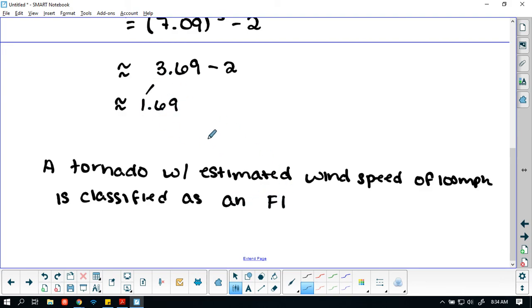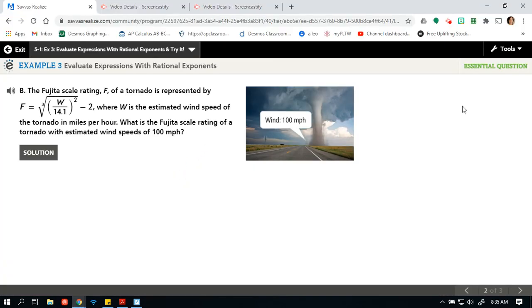So it's just in the 1 region, according to the scale. If it was in the 2 region, it would be F2, and so on and so forth.